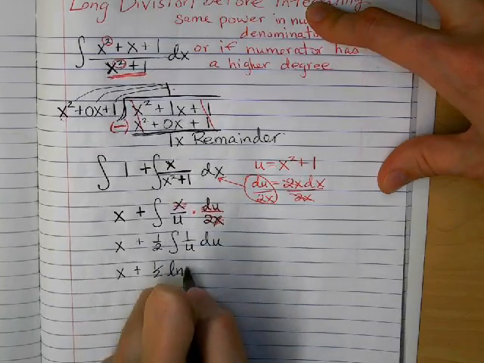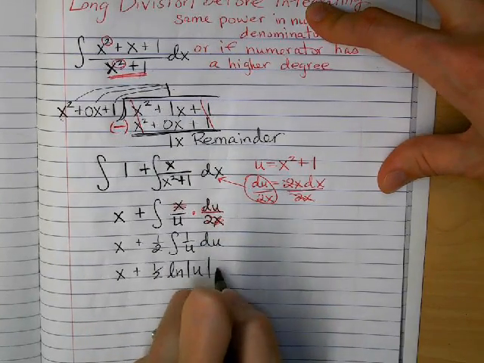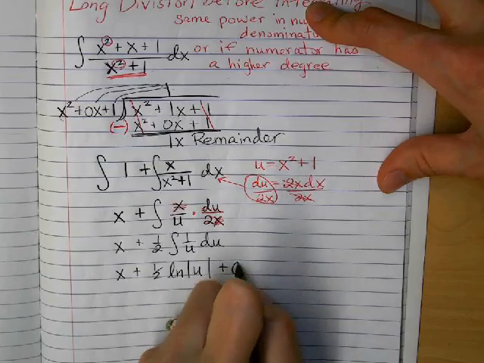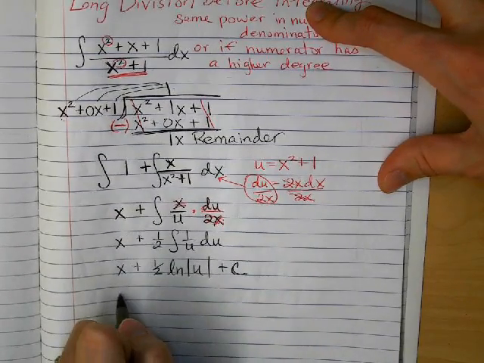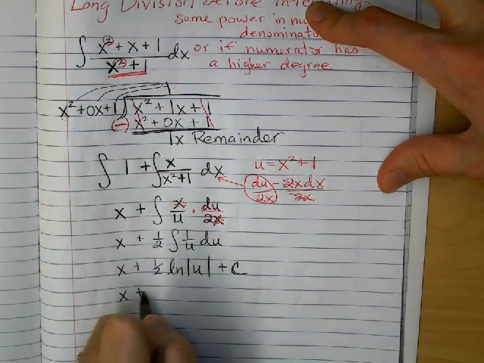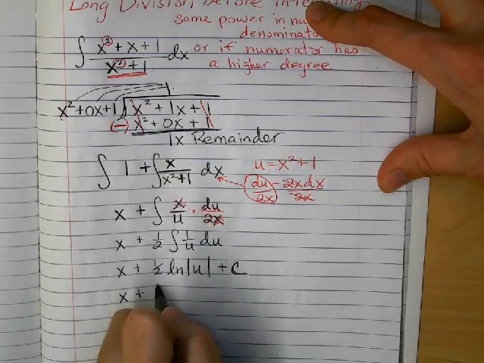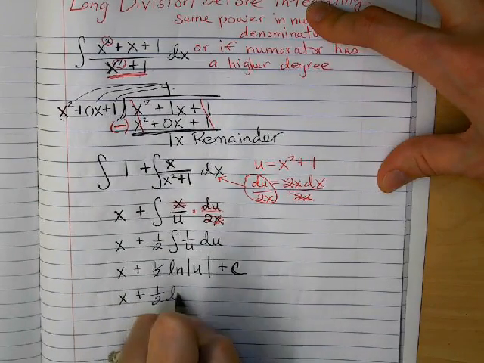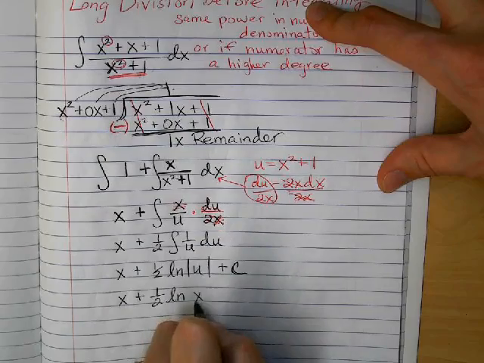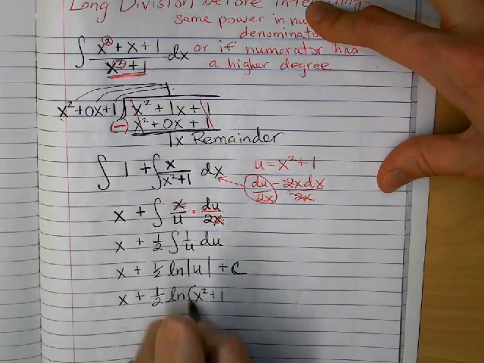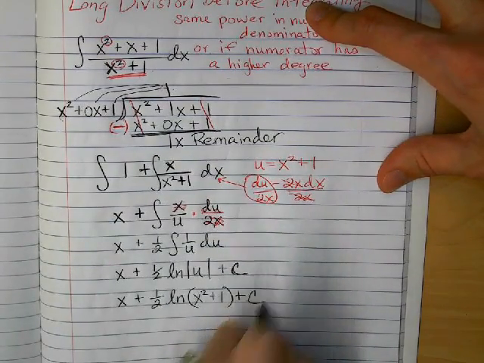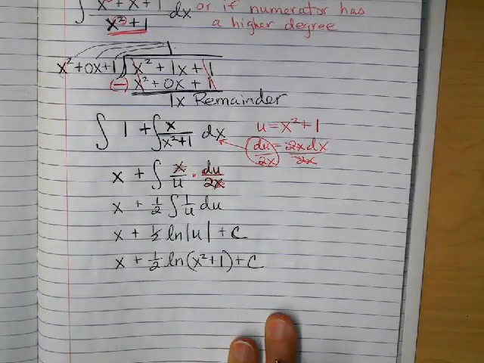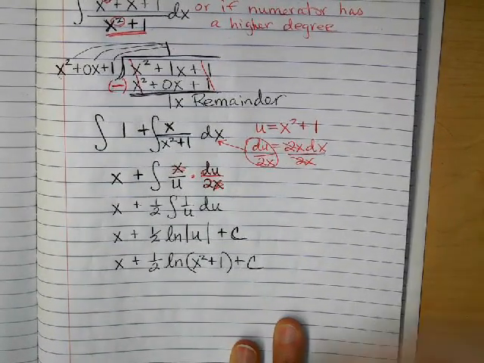What was u though? It was x squared plus 1. So 1/2 natural log of x squared plus 1 plus c. I don't really need absolute value because it's x squared. If you square something, it's going to be positive. So there, that's the answer.